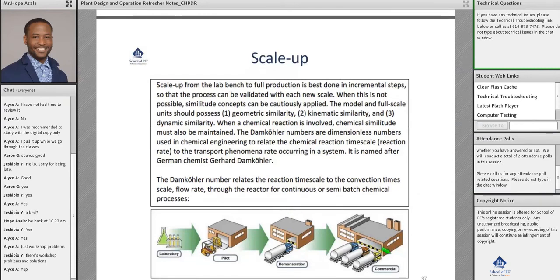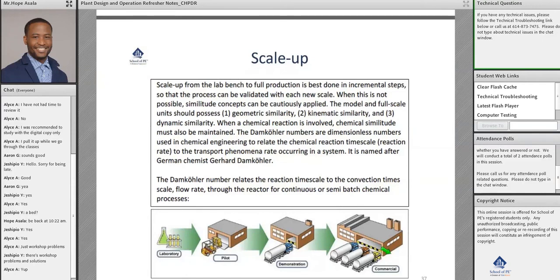But to do all these three steps, you have to make sure that the model and your full-scale unit go through three different similarities. They must be geometrically similar, kinematically similar, and dynamically similar. We all know that geometric means the shape.